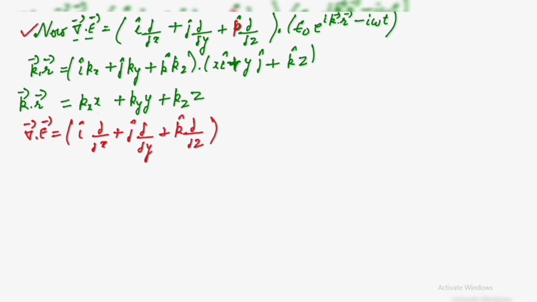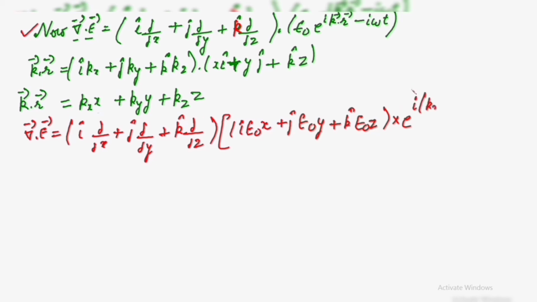Here small k comes, and here i cap E naught x plus j cap E naught y plus k cap E naught z into exponential i kx x plus ky y plus kz z minus i omega t. So this is the dot product of del vector and electric field vector.